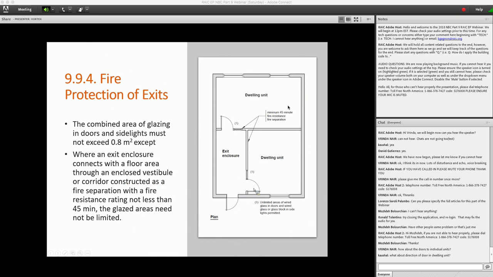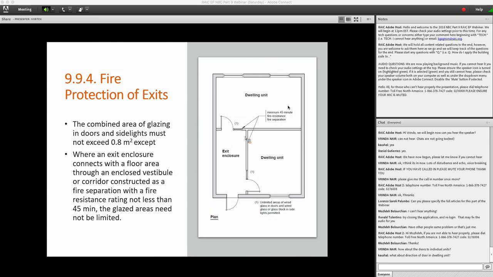So for instance, if you look at the sketch on the right side, if you want to have glazing in the exit fire separation, the area of that glazing will not be more than 0.8 square meters.